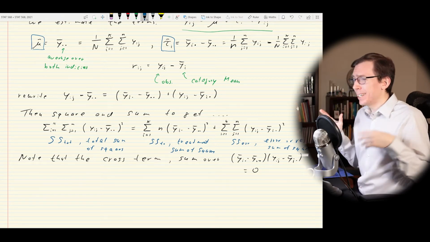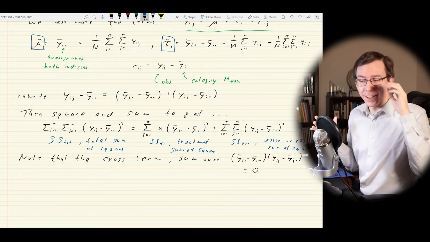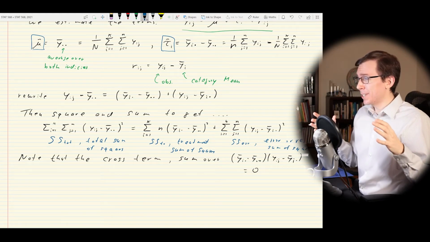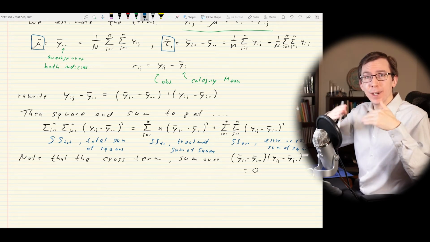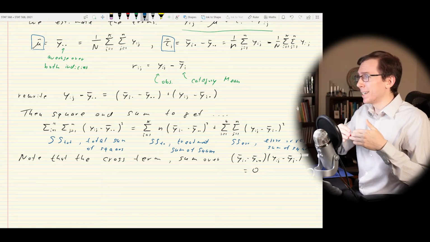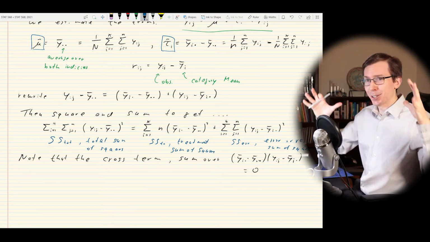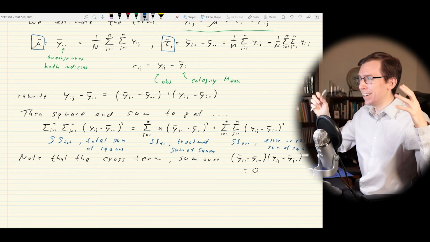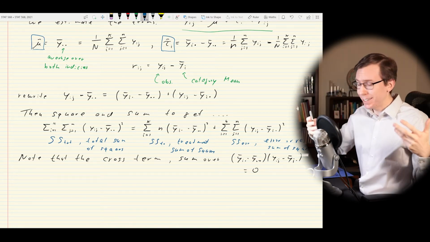What we're actually doing here is taking the total variation in our data. The total sum of squares is saying: what's the total variation, the squared sum of all the differences between each observation and the global mean? That's in some sense the spread of the data around the global mean.